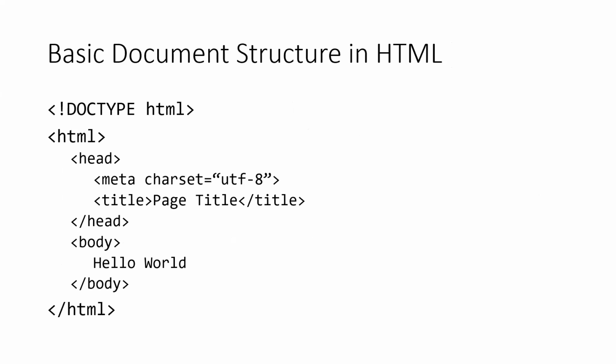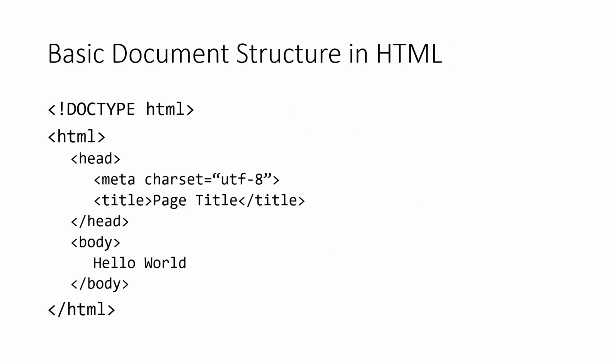If you look at the HTML5 syntax, in the basic document structure we start with the doctype HTML, which tells the browser that it's version 5. If it is a different version, you may get different values here. The main document starts with HTML and ends with /HTML. We call these tag pairs.